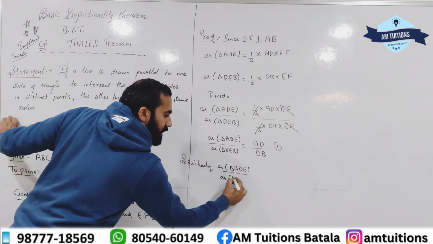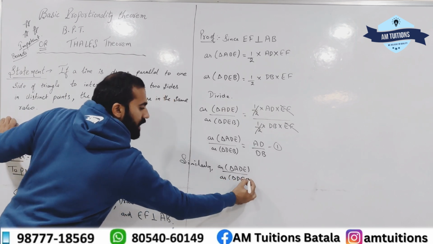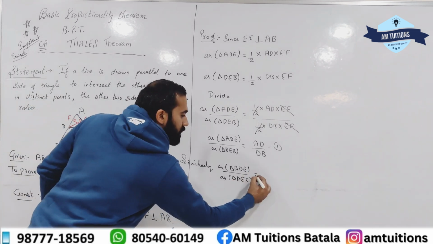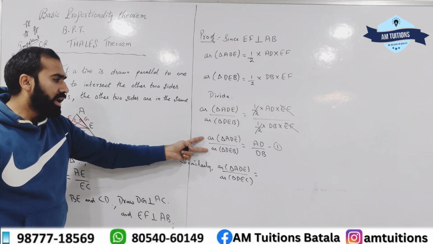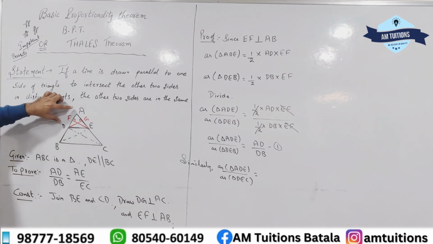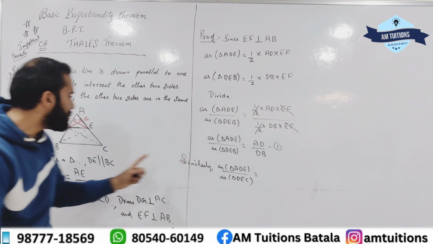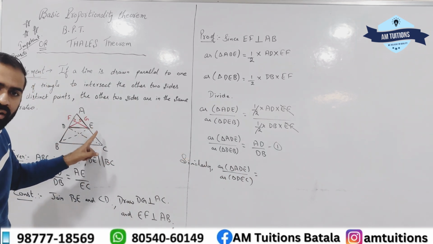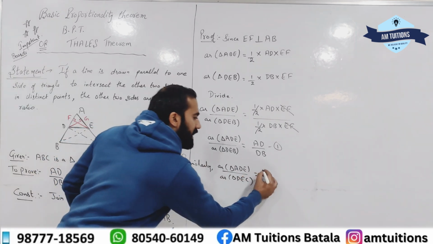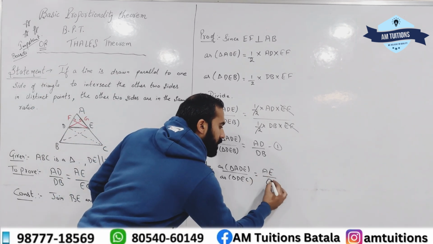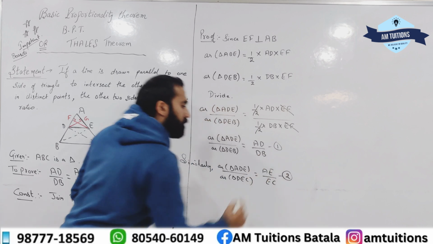So area of triangle DEC is your right hand side. First we did the left hand side, then right hand side, both triangles done, is equal to, if in these two areas you take the sides as AD over DB, now your sides will be AE over EC. Now your side AE over EC has come. This is the second equation.